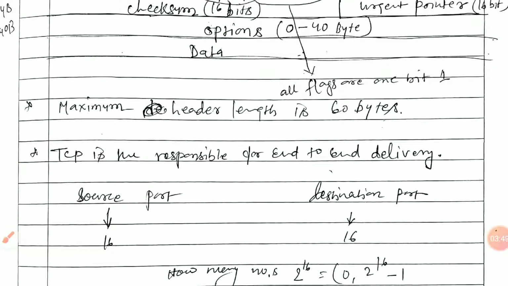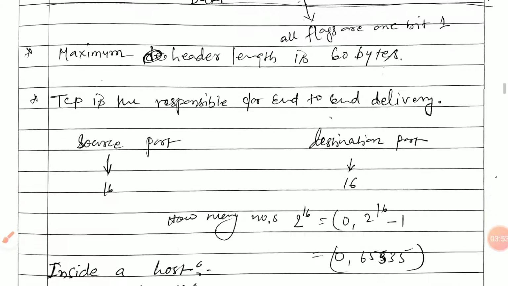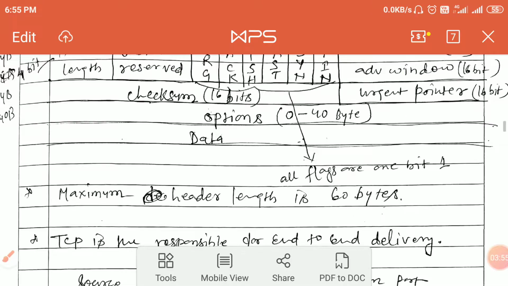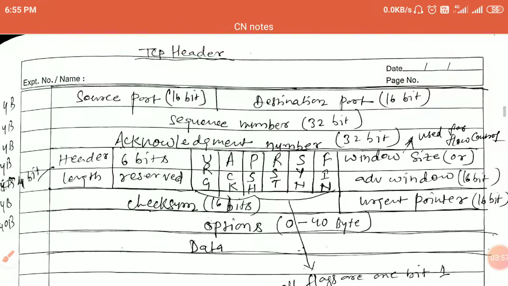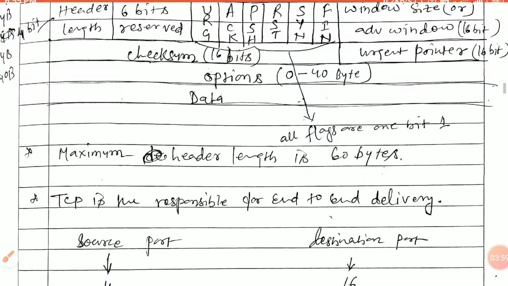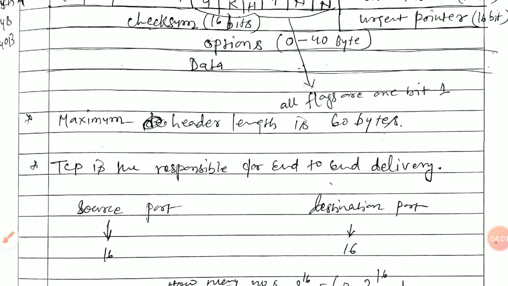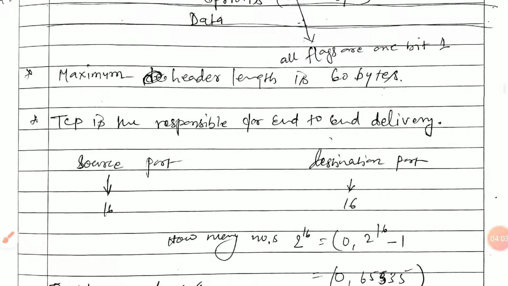Now TCP is responsible for end-to-end delivery, as you know. Let us now go through all the fields one by one. The first field is the port number. The port number has two fields: one is the source port number and another is the destination port number.